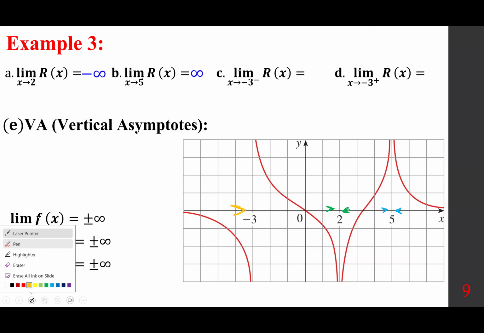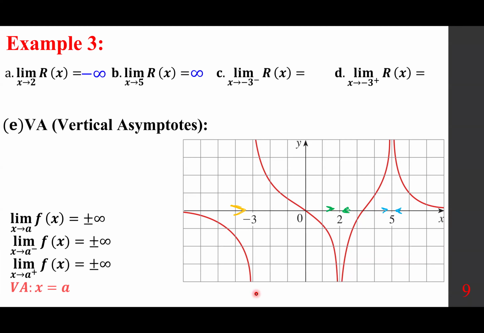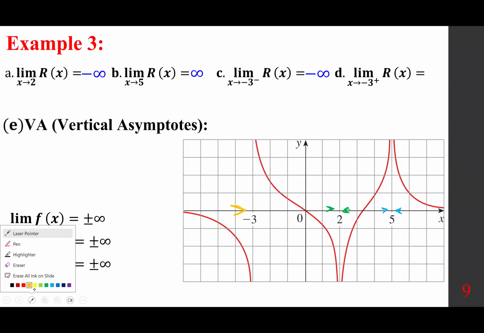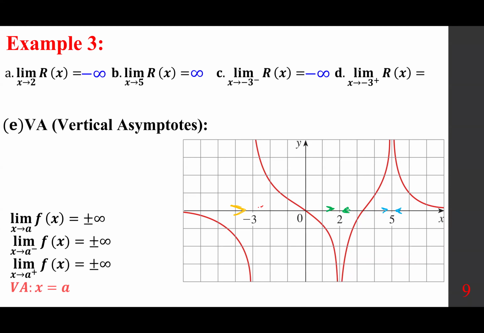Clearly, the answer is negative infinity. However, from the right of negative 3, positive infinity. And so now we have the equation of a vertical asymptote.